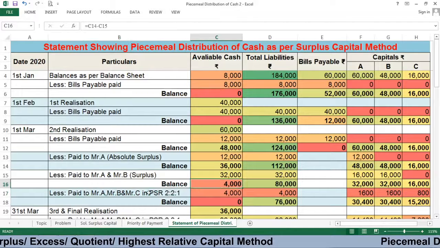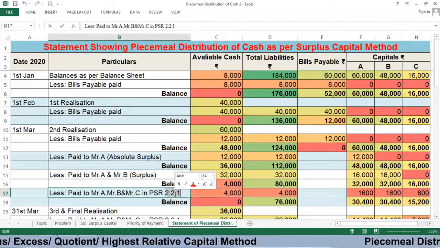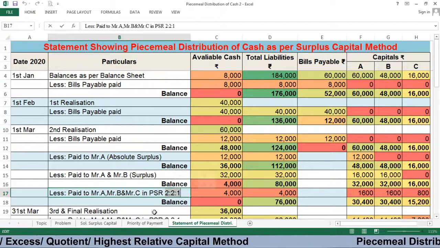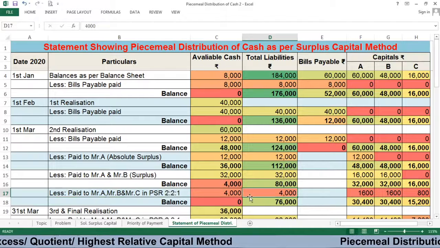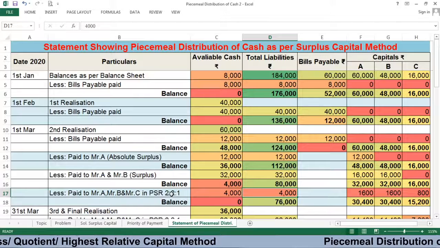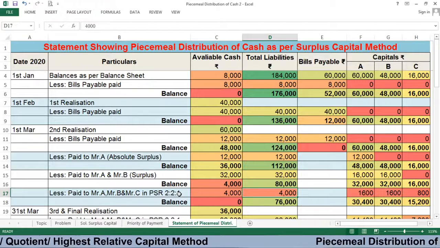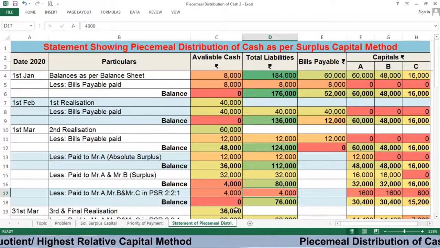So we have 4,000. Now we can pay 4,000 to Mr. A, B and C in their profit sharing ratio, which is 2:2:1. So 4,000 into 2 divided by 5. 2 means share of Mr. A and 5 means 2 plus 2 plus 1 equals 5. Out of 5, Mr. A will get a share of 2.